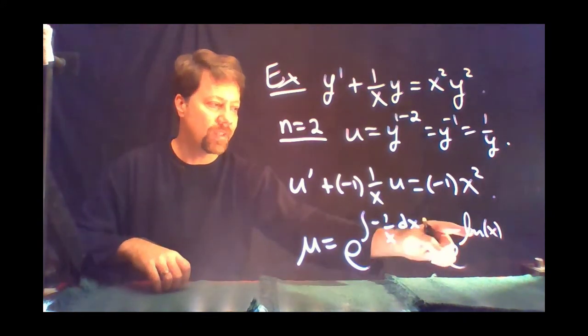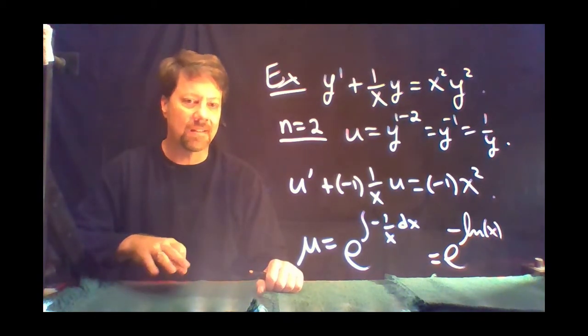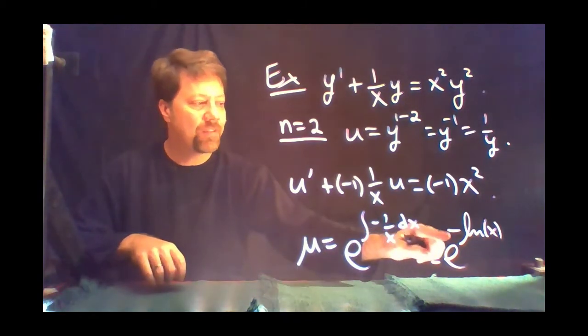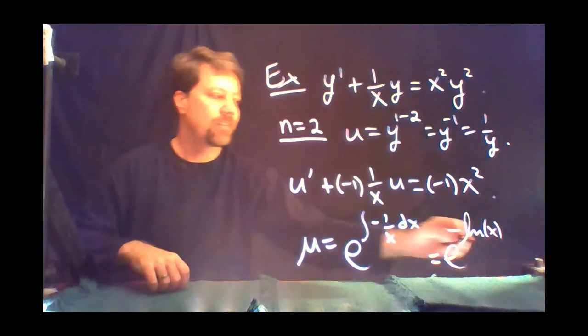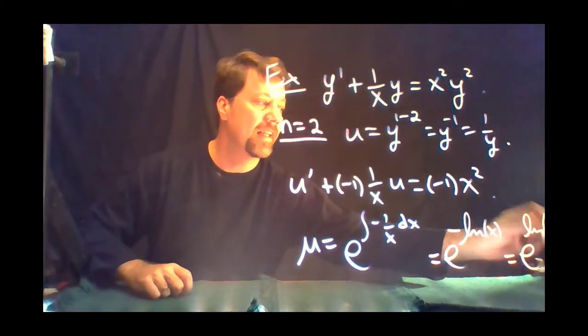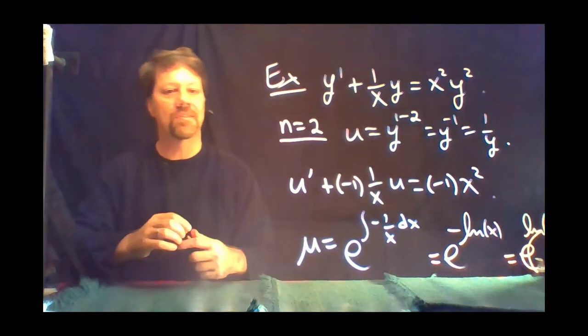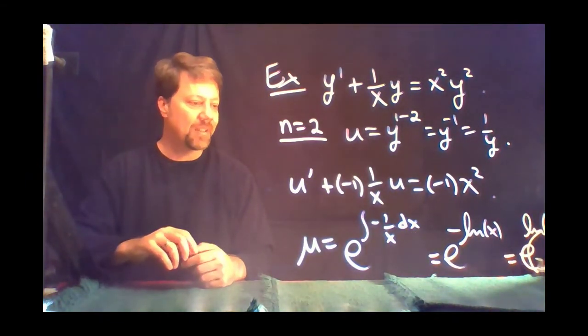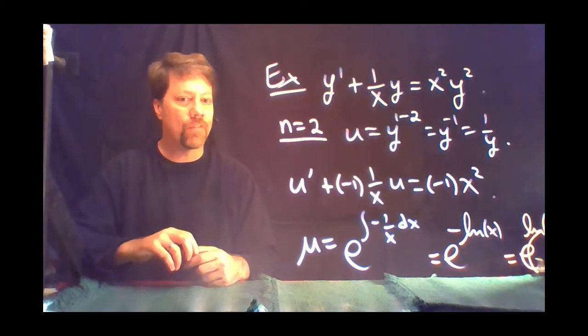One thing they do wrong is they think they can just cancel the e and the log now, but they can't. You have to move the negative 1 up first to e to the ln of x to the negative 1. Then you can cancel. The answer is mu equals 1 over x.